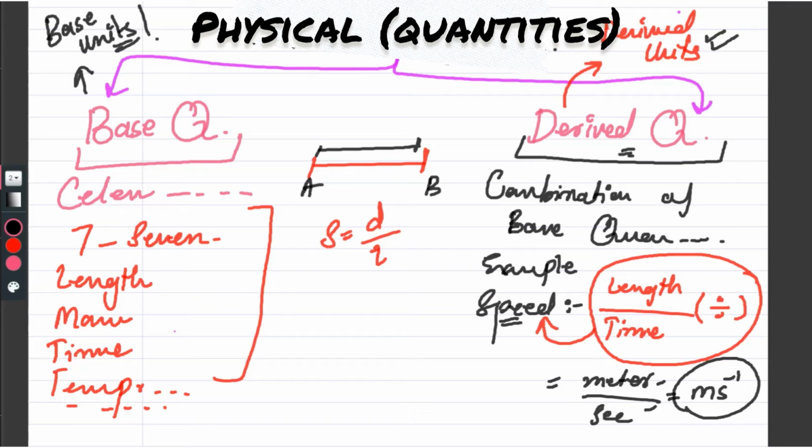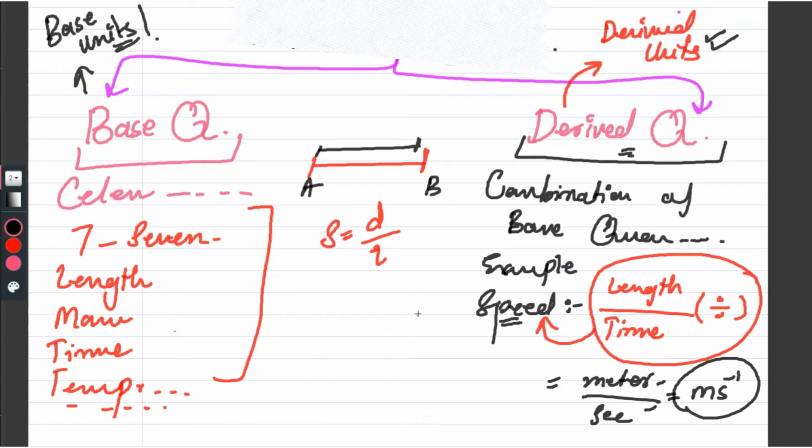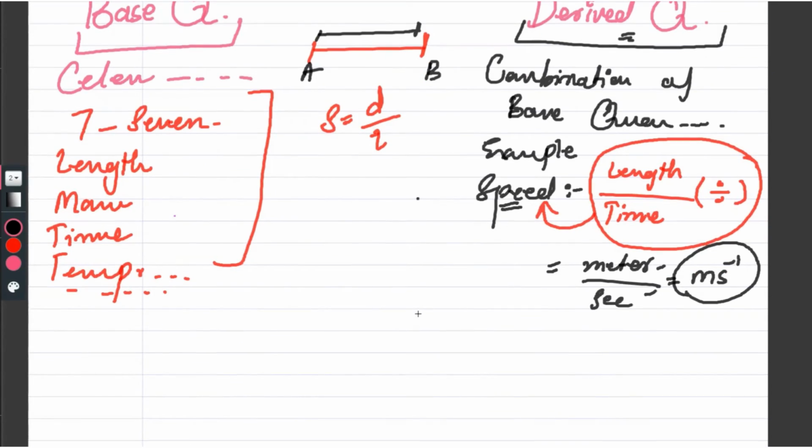One of my major tips for physics is never memorize all the things. Memorization will help you short term, but if you understand the concept, if you see how things are coming up, things are going to be easier for you. Exactly, all the derived quantities, especially for A-level and IGCSE students, most of the quantities which you will learn in your books, they are derived quantities.